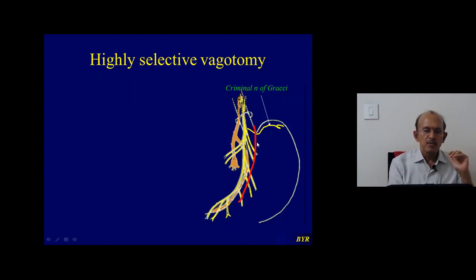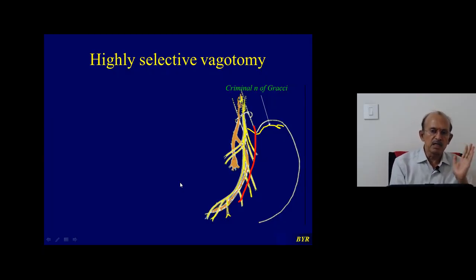This is called the highly selective vagotomy. So you are highly selective toward the parietal cells. That is also called parietal cell vagotomy. So it has 2 names: one is the highly selective vagotomy, the other is the parietal cell vagotomy. There is a third name, the proximal gastric vagotomy.